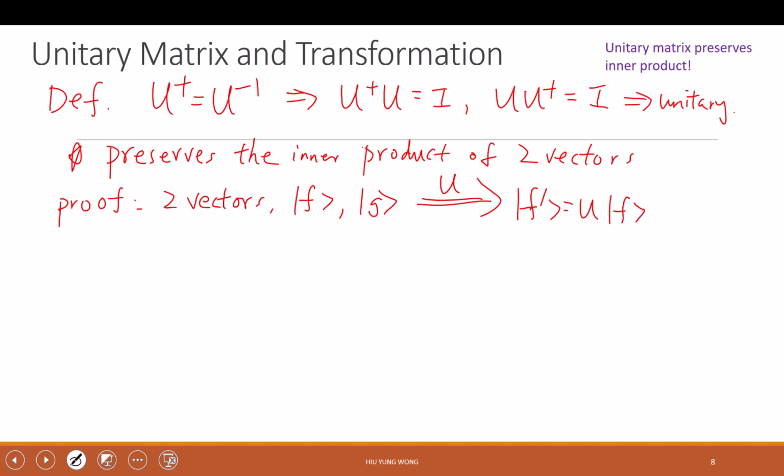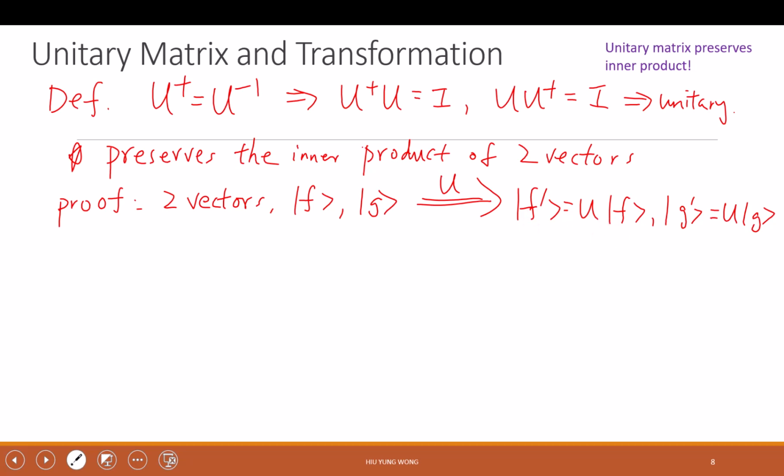Right? I transform it, I rotate it. The other vector is G dash equals UG. Is this okay? What I'm trying to say is that we had F, now apply the unitary transformation U, rotate, then you become F dash, right?